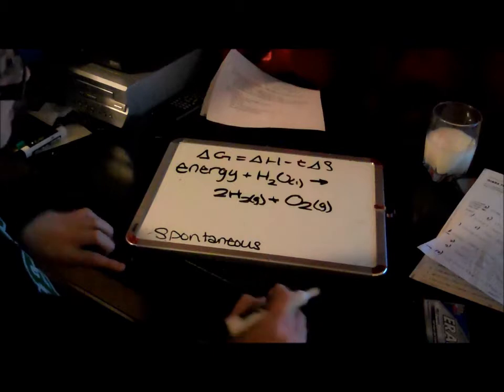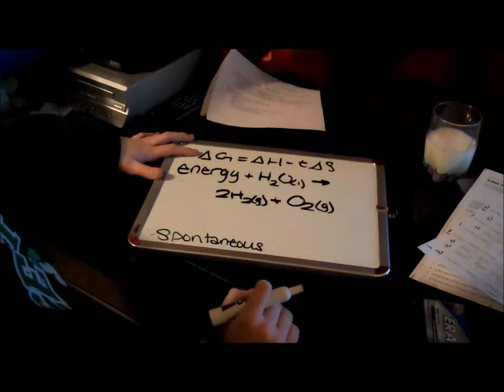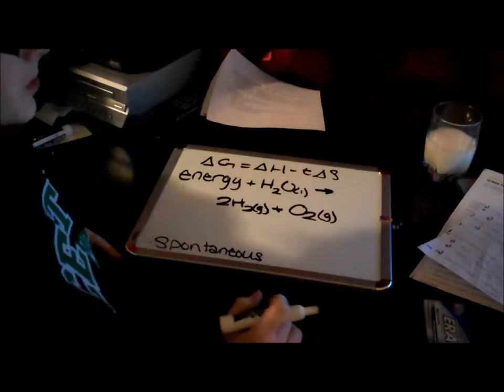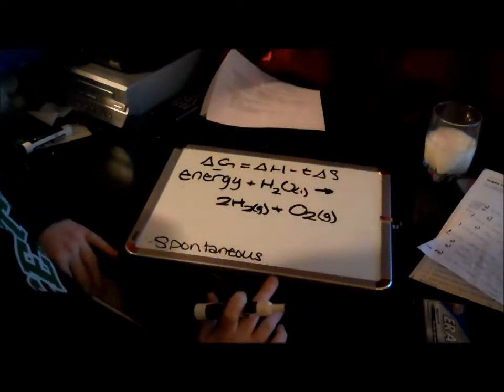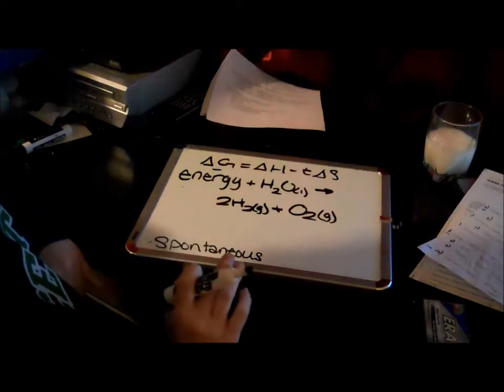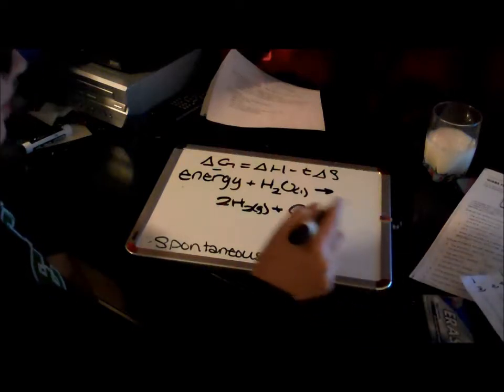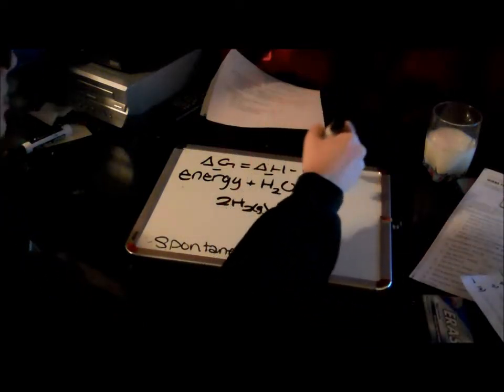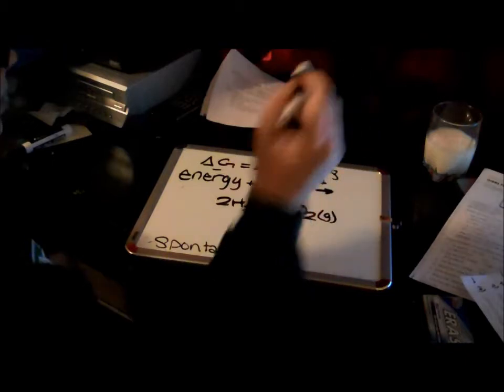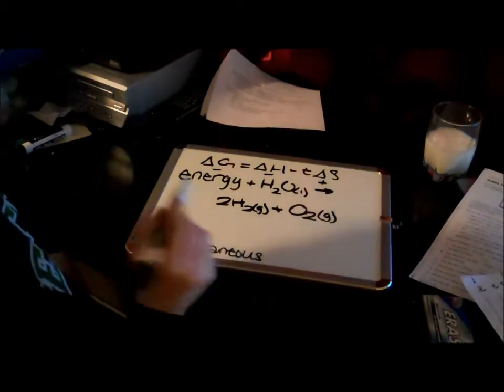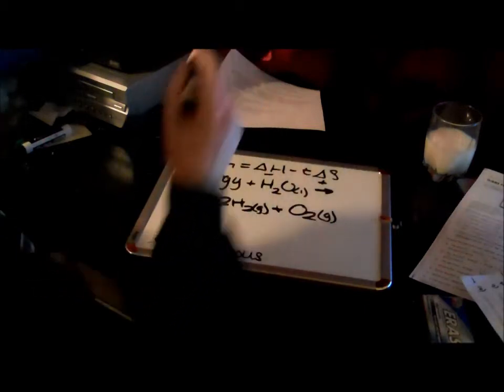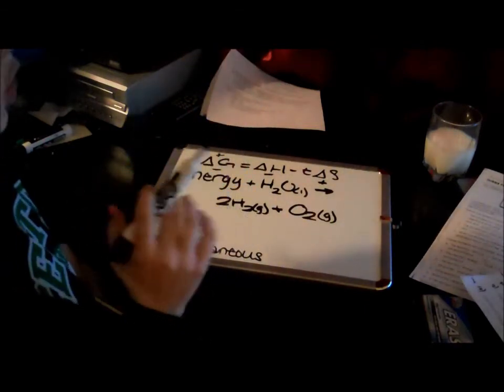Now, what spontaneous means when dealing with this particular equation is that the delta G, the Gibbs free energy, is negative. In order for it to be negative, there is one possibility that will always result in a negative Gibbs free energy, and that is if you have a negative delta H minus a positive delta S. And then if you have a positive Gibbs free energy, the only combination for always having positive Gibbs free energy is a positive minus a negative.